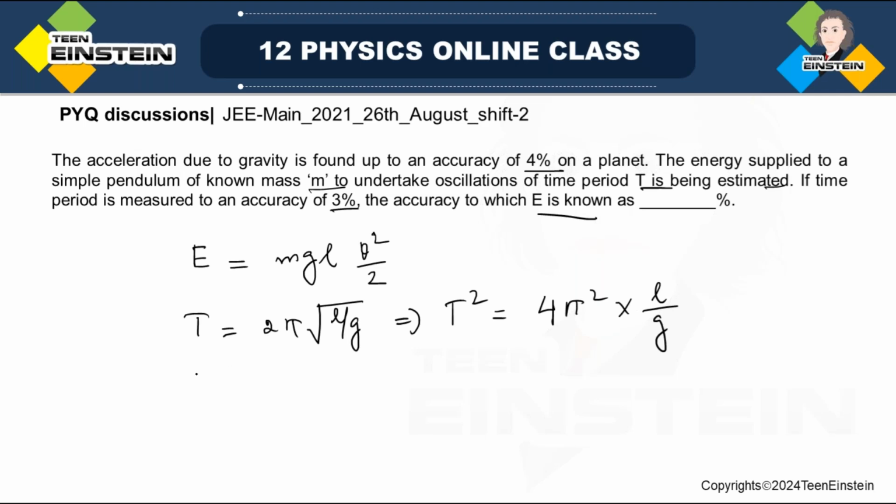So what is L from here? L is T square g by 4 pi square. So if you put it here, what do I get?